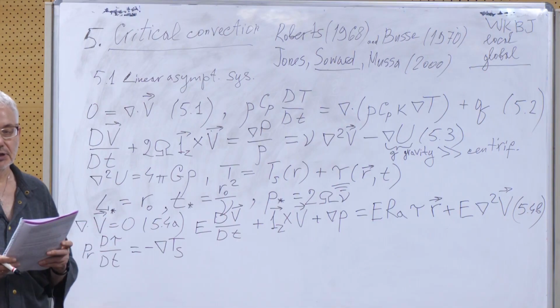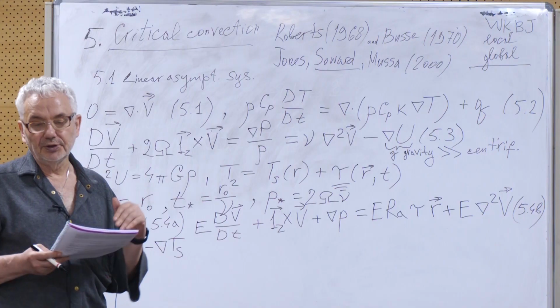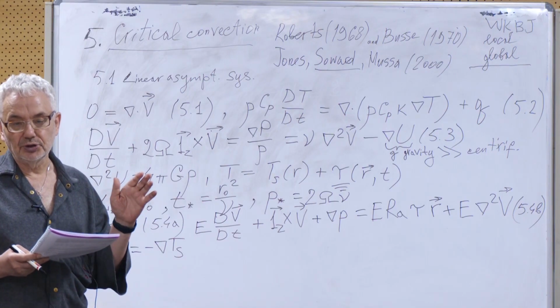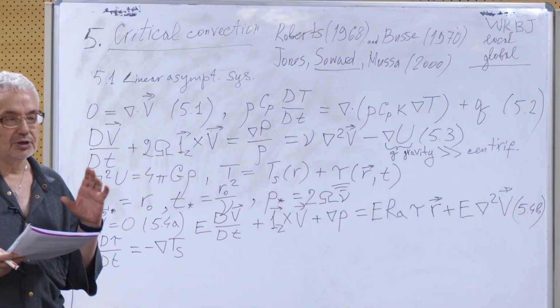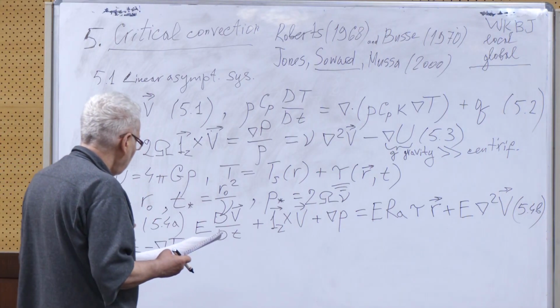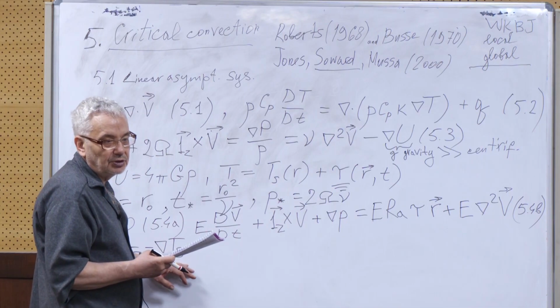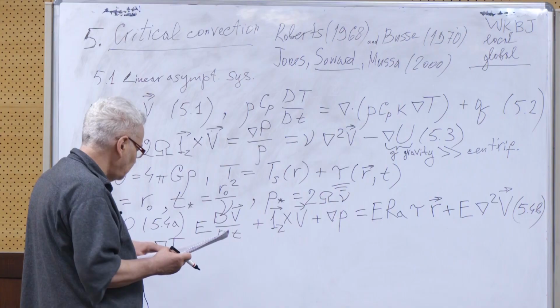So we have the usual condition to model this: one temperature on one boundary, another temperature on another boundary. So there is a gradient of temperature. And it has some hydrostatic part. And this hydrostatic part is actually the main driver of the convection, which manifests the convection instability.